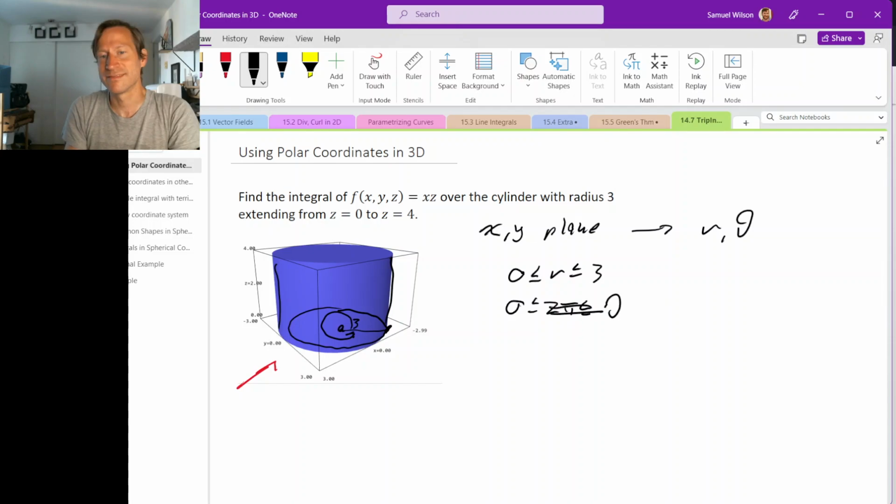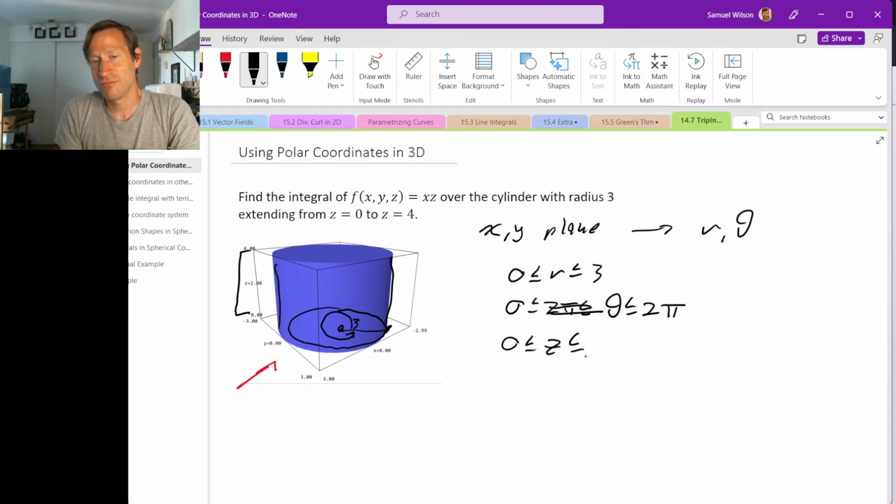And then z, well, z is still just the regular Cartesian z coordinate, and that's going from 0 to 4. So z is going to go from 0 to 4, and you can see that we have three coordinates, which is what we would expect in 3D.